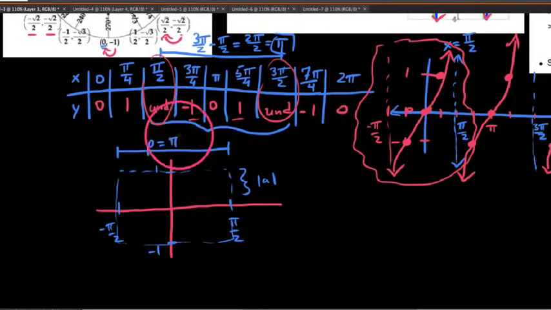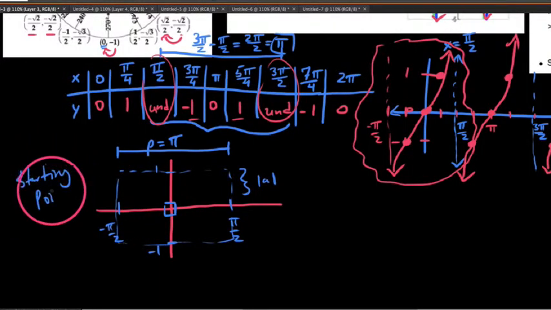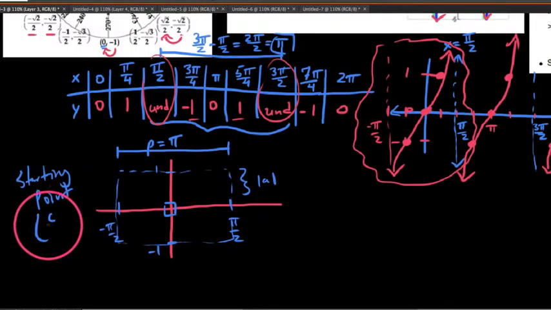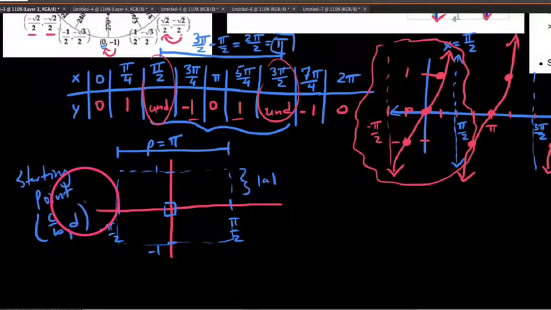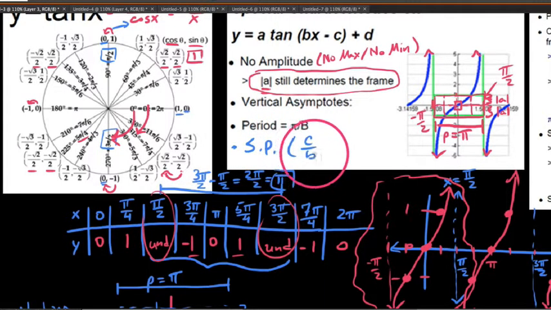So the thing here that's different about this particular graph is that our starting point of our frame is still at c over b comma d. And really we should just list that up here. We would say that c over b comma d is our starting point. This is the same thing we use with our sine and cosine curves.